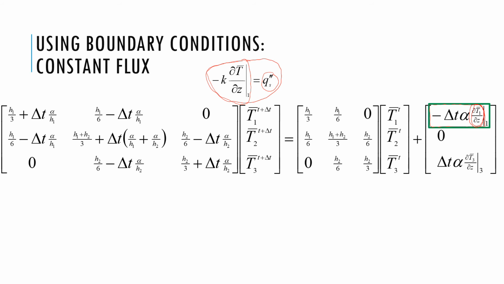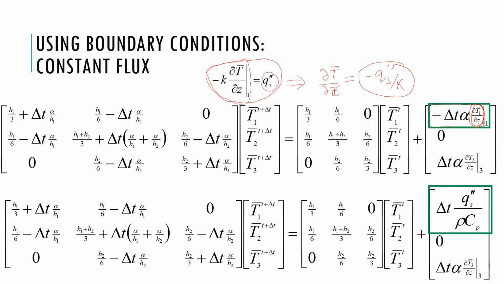All we need to do is, from this, replace del T del Z with minus Qs over K. If we replace that for del T del Z in here, we are done. So let's see how that looks.